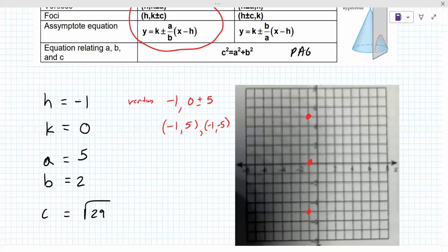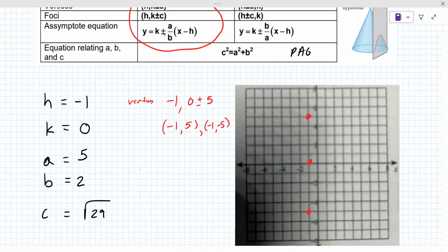All right, like that. The foci always go inside the thing here. We will graph those, but the asymptote equations are actually the next thing to graph because they're going to create boundaries for the hyperbolas. So we're going to do that next.